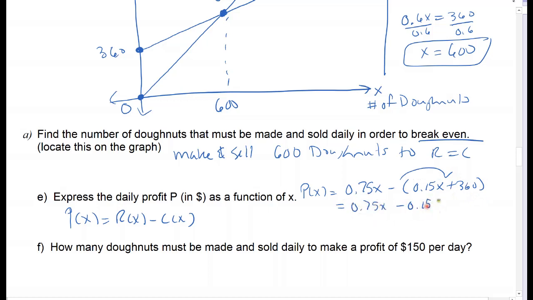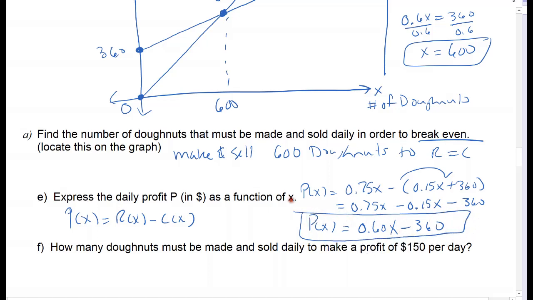Remember to subtract the 0.15x and subtract the 360, and so my profit is 0.6x minus 360. And there's my profit equation.